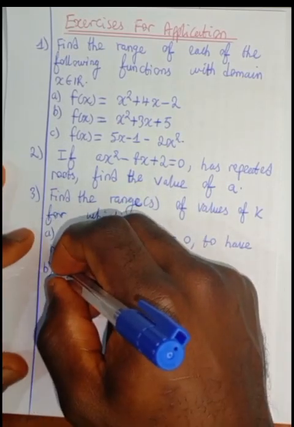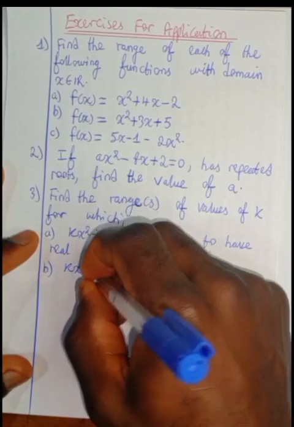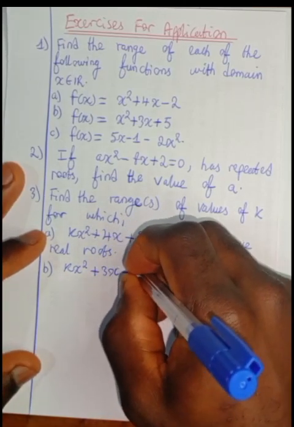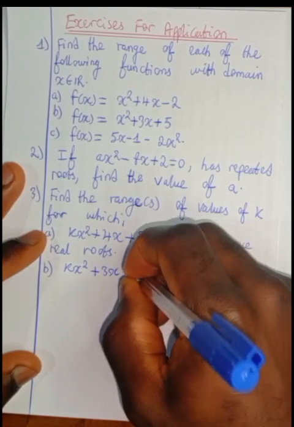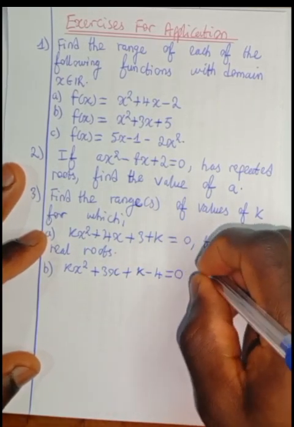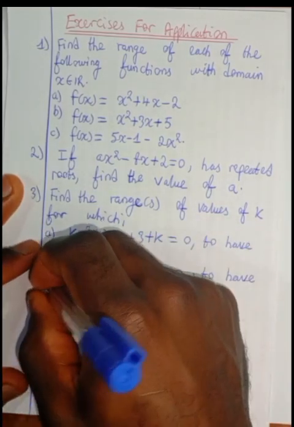Question B, we have kx squared plus 3x plus k minus 4 equal to 0, to have two real distinct roots.